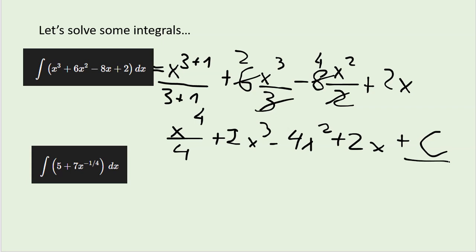Here we need to always write this constant at the end. This x to the power of 4 by 4, you can also write as 1/4 x to the power of 4. That would also be correct. It's possible. Okay, so we solved the first one. This is the answer.